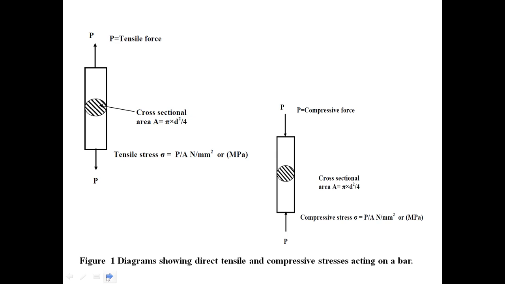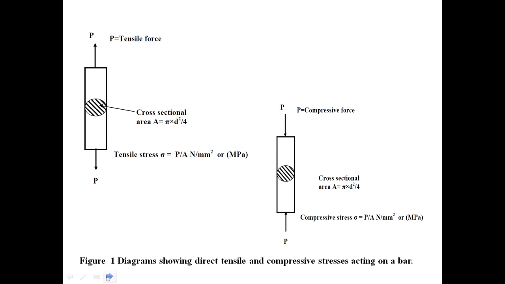Whenever a bar is subject to tensile force, the tensile stress is induced and the resultant strain is positive in nature, which is measured as a change in length divided by original length.